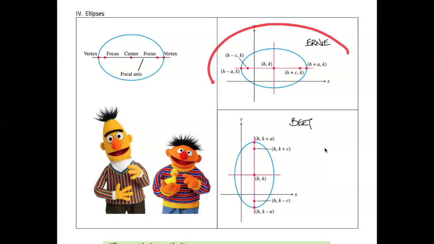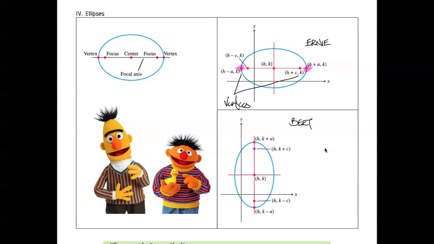But in this Ernie ellipse, I'm wondering if you can tell me where the vertices are. Yeah, the vertices are like where his ears are, right? Because they have a further distance from the center.